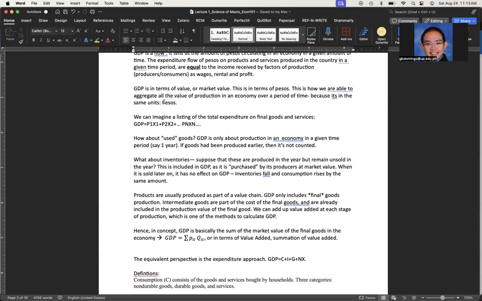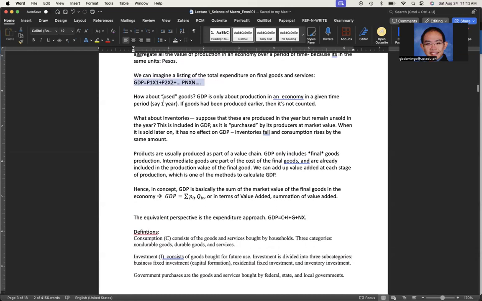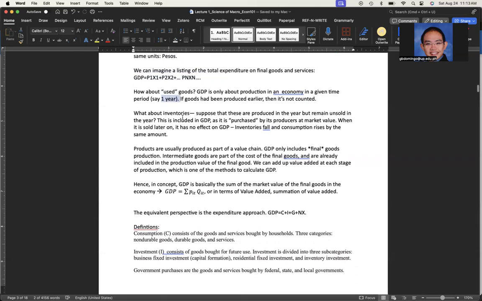So GDP is in terms of market value, in terms of pesos, and this is how you're able to aggregate the value of production because it's in the same units, pesos. And you can imagine listing the total expenditure on final goods as the following: P1X1, P2X2, until PNXN. And if you sum all of that, that will give you GDP. And then there's a discussion here about used goods, okay, inventories.